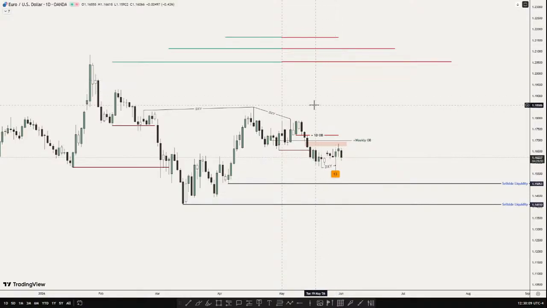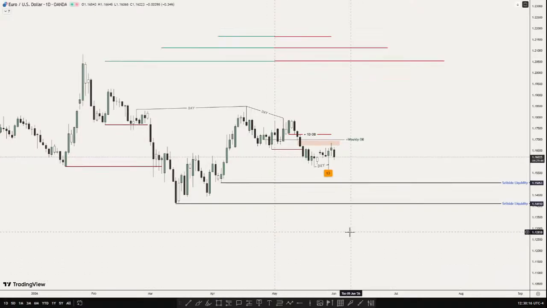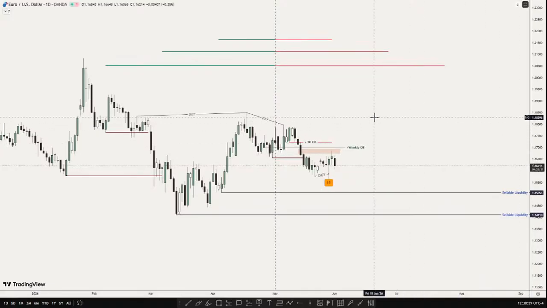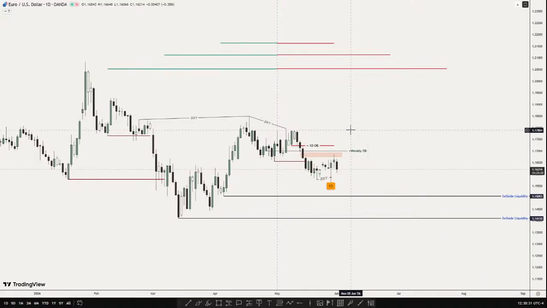So this is just a simple exercise which lets you go through the structure and key liquidity points and key points of interest that are order blocks and fair value gaps in time so that you can select better key levels. So the first step always is, whichever month you are in, for example, we are in the month of June.